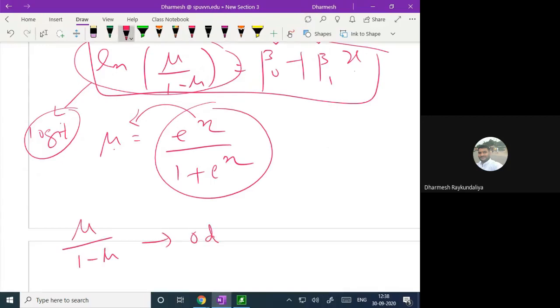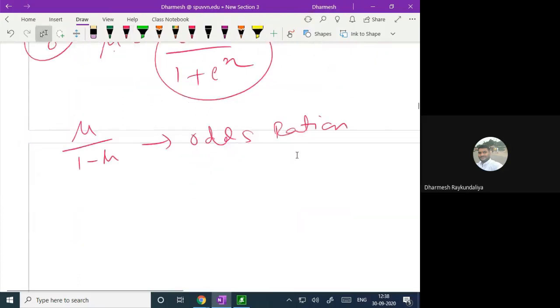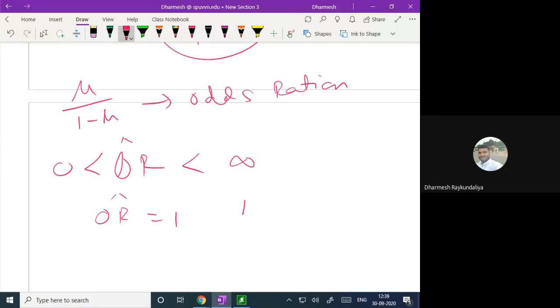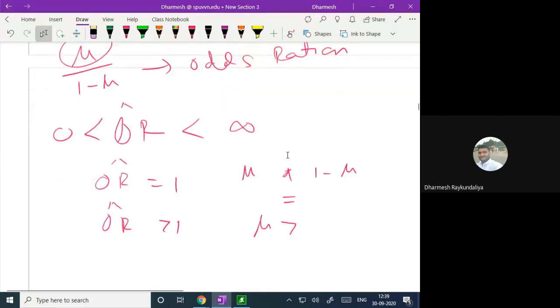The range of the odds ratio always lies between 0 and infinity. If the odds ratio is equal to 1, it means the probability of success and the probability of failure are equal. If the odds ratio is greater than 1, that means the probability of success is higher than the probability of failure.